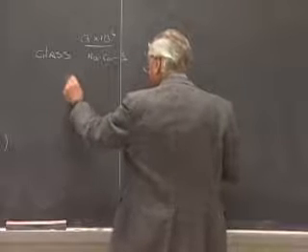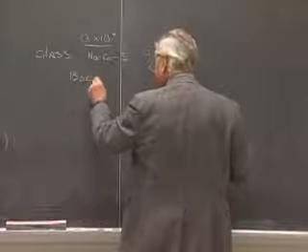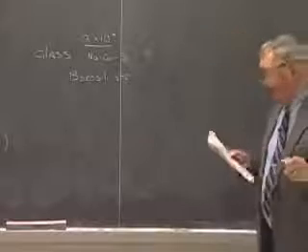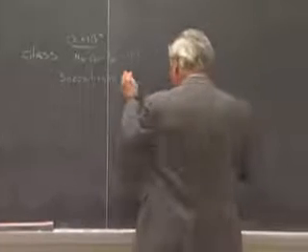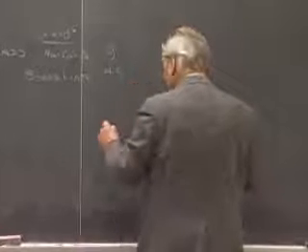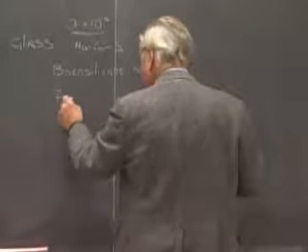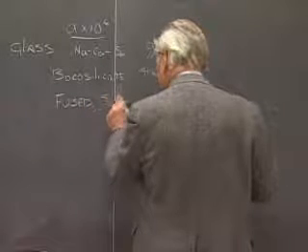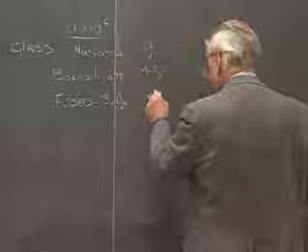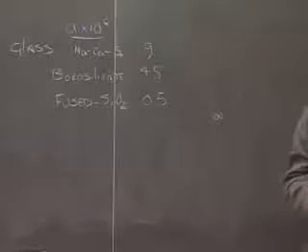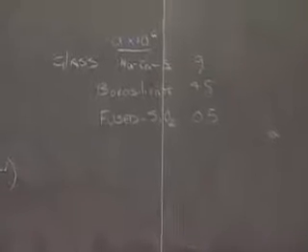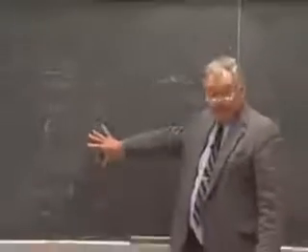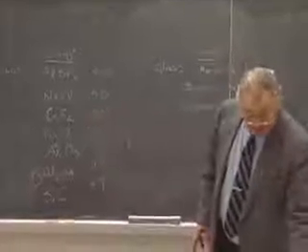A borosilicate glass, like the Vicor that we love to make glass apparatus out of, 4.5. And one of the near record holders is fused silica glass. And here, a measly value of 0.5. So glasses have very low linear thermal expansion coefficients compared to crystalline materials that are predominantly ionic.